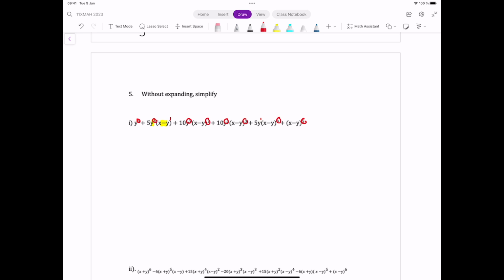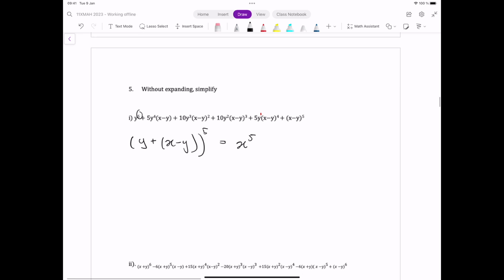So this is simply the expansion of y plus x minus y all to the power of 5, which is, the y's die, x to the power of 5. And you think to yourself, why didn't they just write x to the power of 5 in the first place? It's a lovely question.